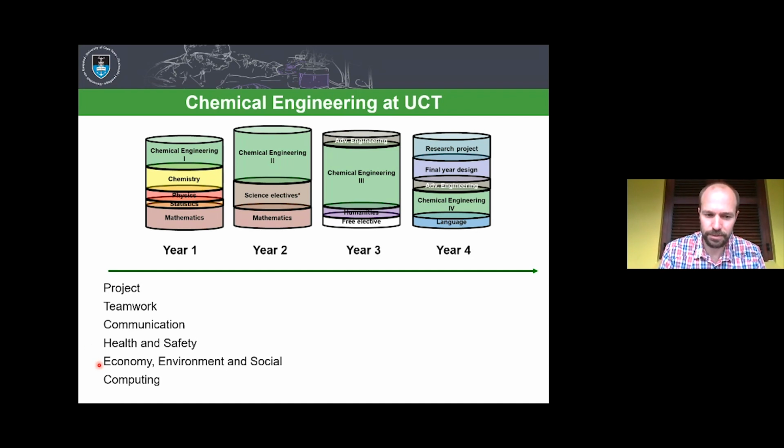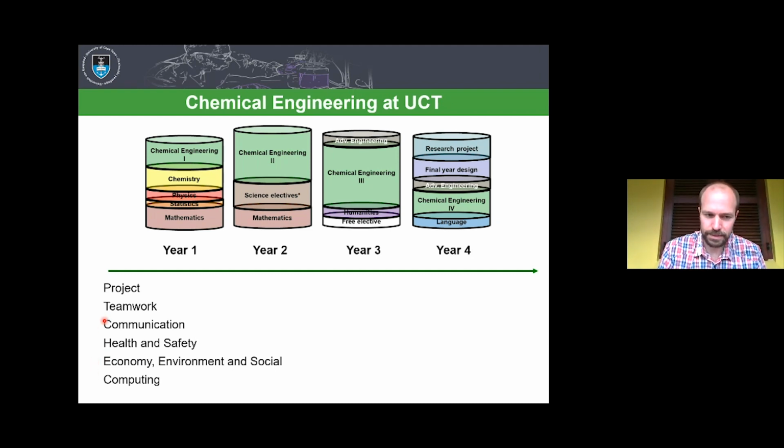Things need to be economically viable, but this comes back to the sustainability thing, it also needs to be good for the environment and good for the people who are affected by your process. So either the people who live around your plant, but also your employees, the people who buy your product, or receive your water that you clean, and things like that.